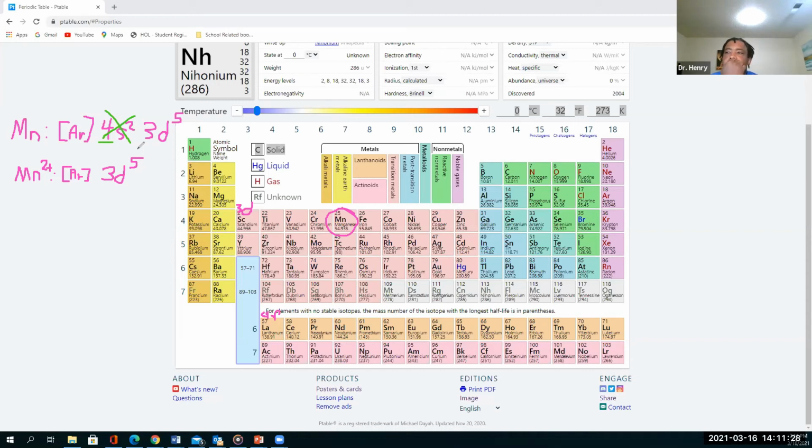So let's say we have, let's do tungsten. So we're going to have W, and then we'll have W3 plus. So what is the electron configuration for tungsten?